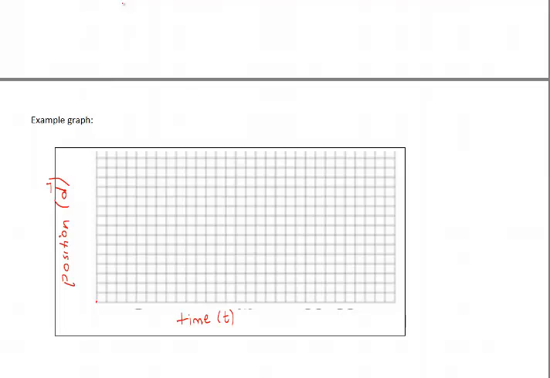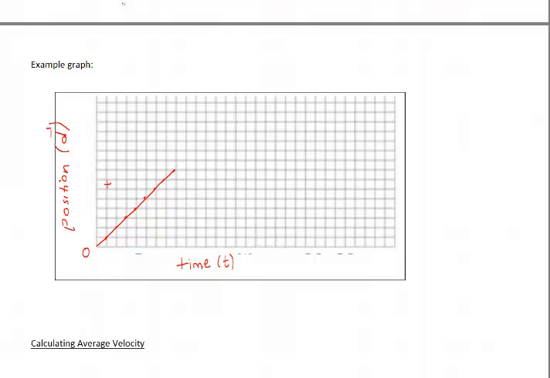Okay, so let's say this is time 0 and position 0, or the position that is the point of reference. If we have an upward slope, we say that the object is moving away from the origin. And since it's moving away from the origin, we call it positive slope.